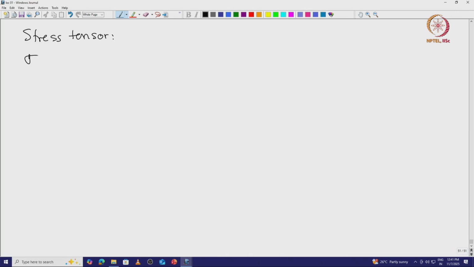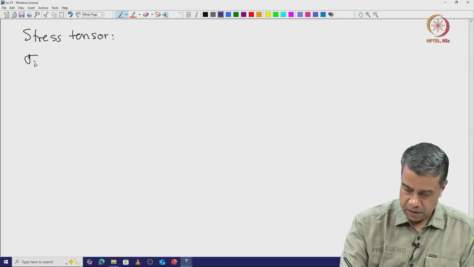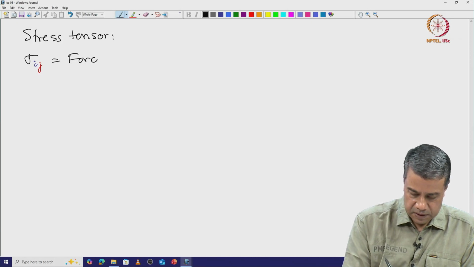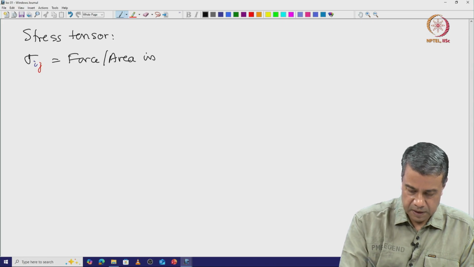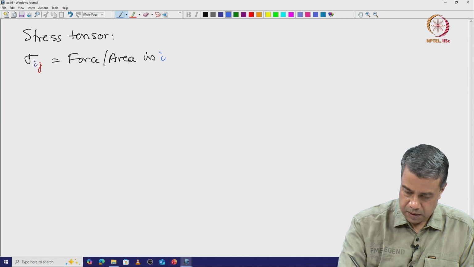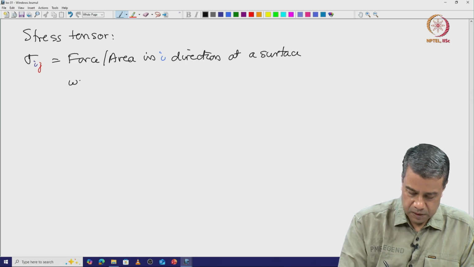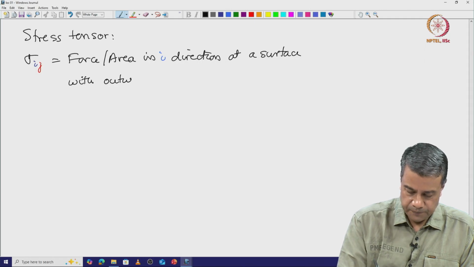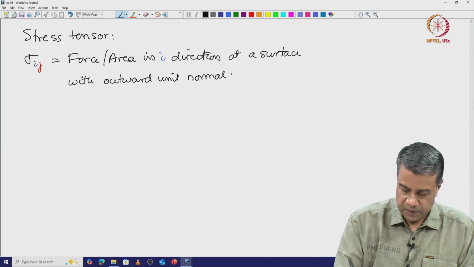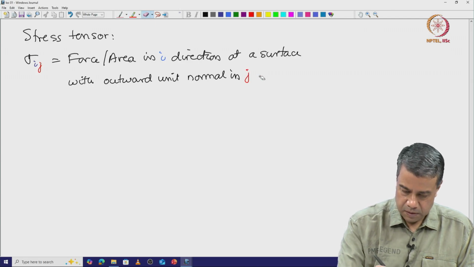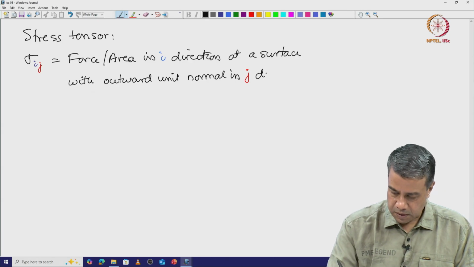So, sigma i j is defined as force per area in the i direction at a surface with outward unit normal in the j direction.